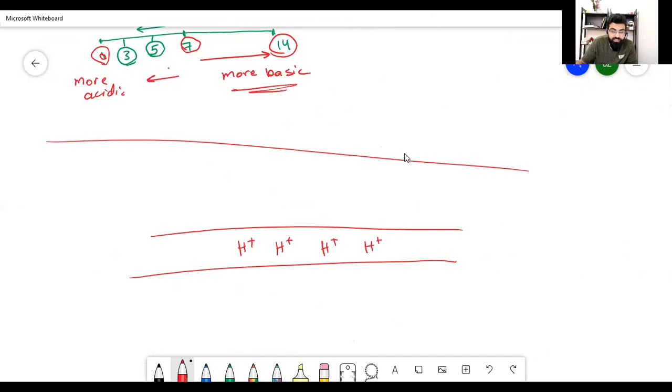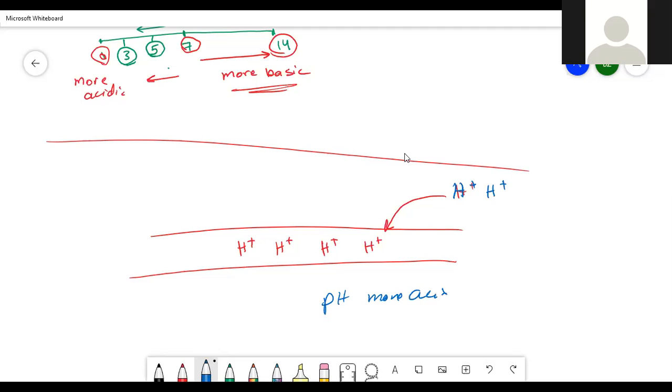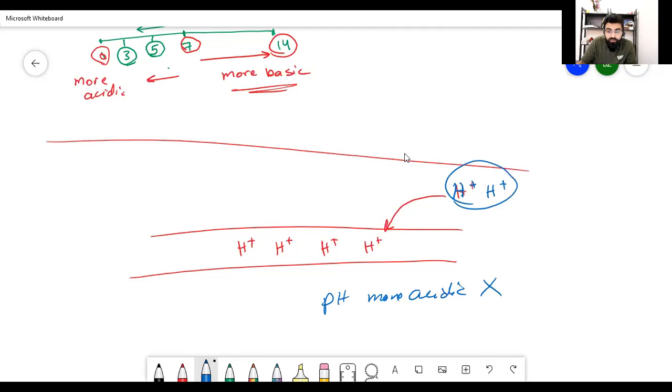Now, if you drink something that increases the H plus in the blood, that would increase the H pluses in the blood, so the pH will be more acidic, right? And we don't want this to happen. How? The buffer will take these two H pluses after they enter the blood. Let's see what this is.